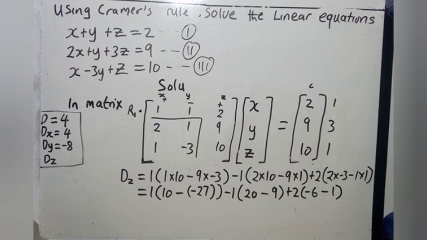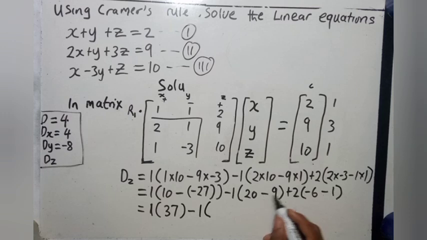So when we solve further, we have 10 minus 27, which is written as 10 plus 27. So we'll be having here to be what? 37 minus 1 bracket 20 minus 9 will give us what? 11.